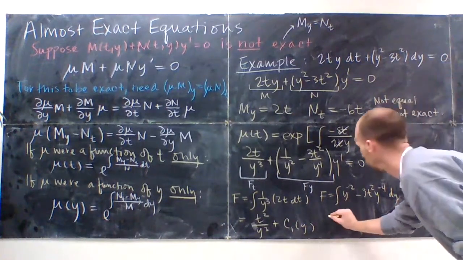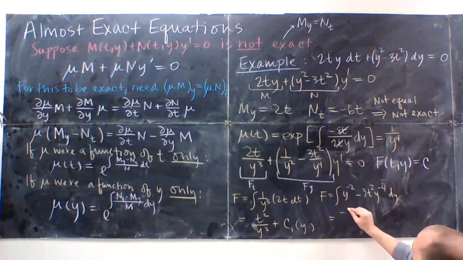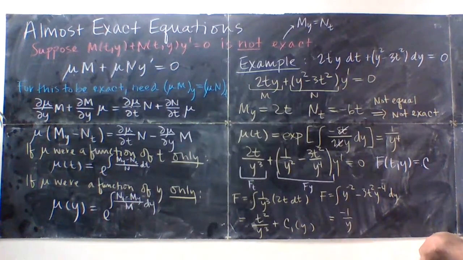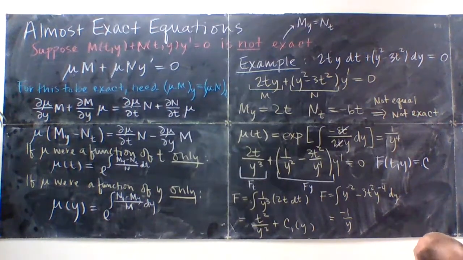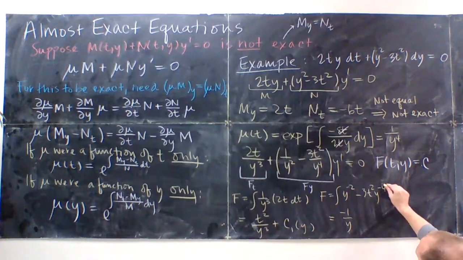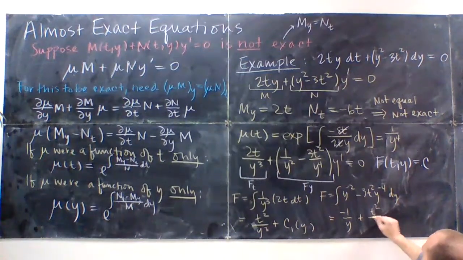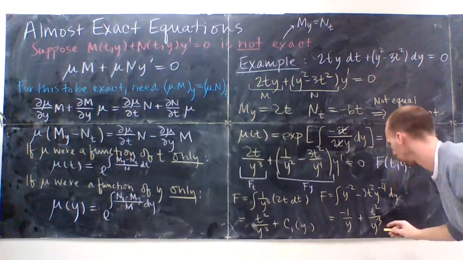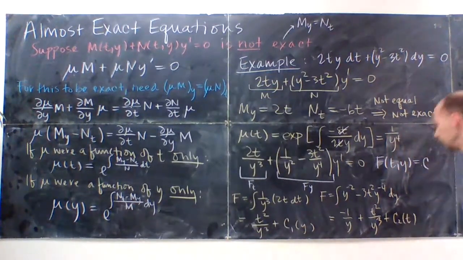And then that's going to be equal to, let's see, bump up the power by 1, divided by the new power, negative y to the negative 1. That looks like part of my constant function of y at least. And then when I bump up the power by 1, that'll become negative 3 divided by negative 3, and then just be plus t squared over y to the 3. Which, okay, I'm already seeing that, so that's good. Plus some other constant function of t.